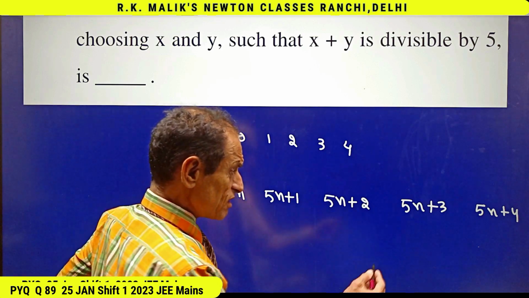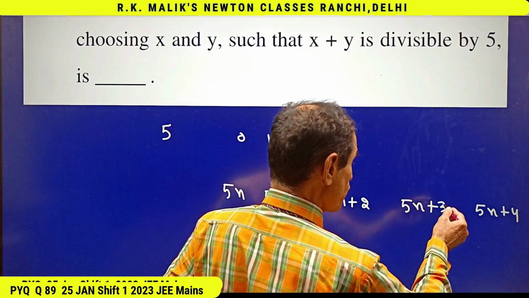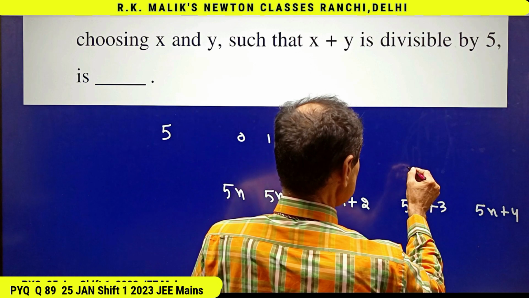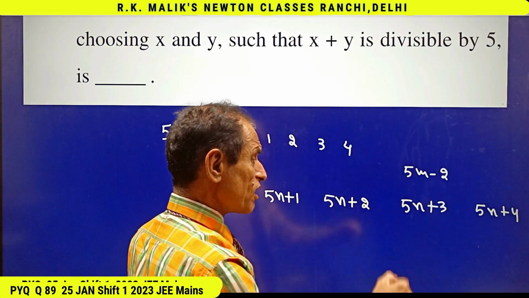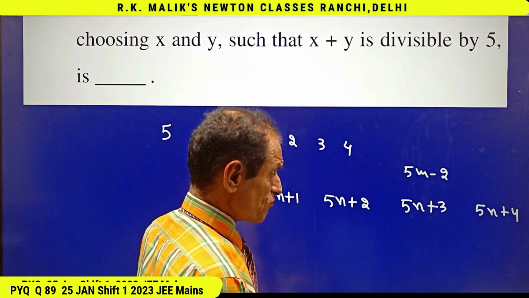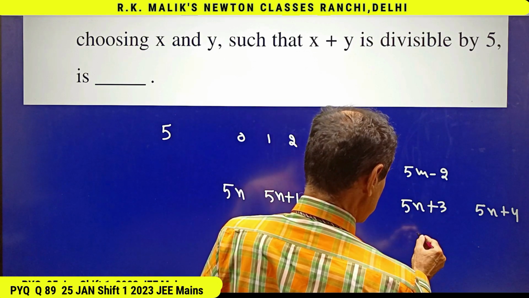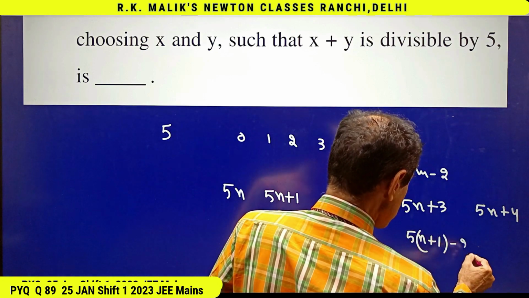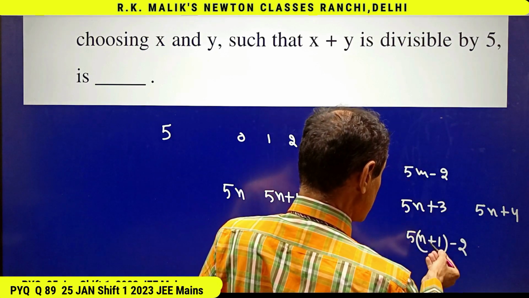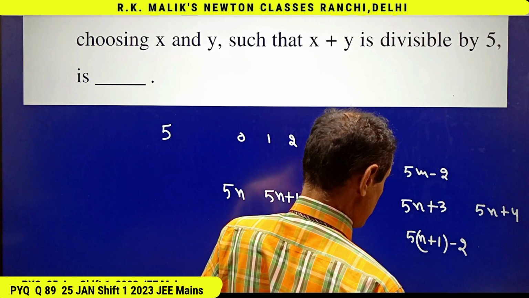It is clear that the form 5n plus 3 or 5m minus 2 both are same form, because this can be written as 5n plus 1 minus 2. That is, this form and this form are same.